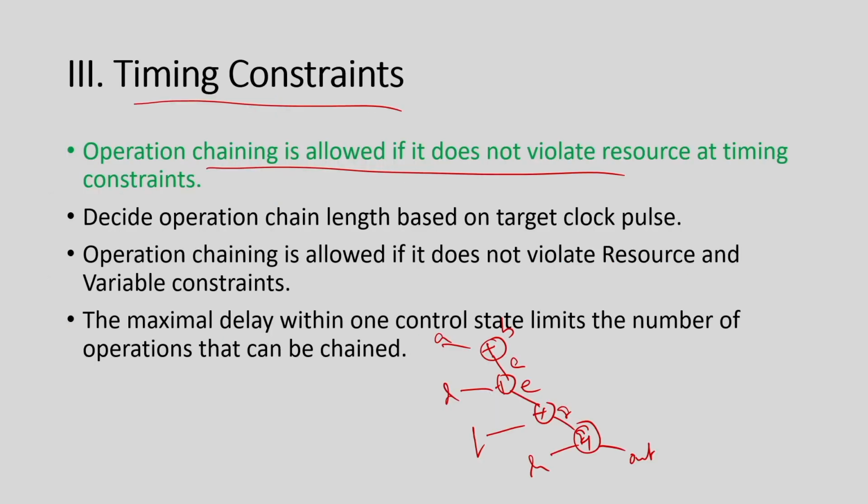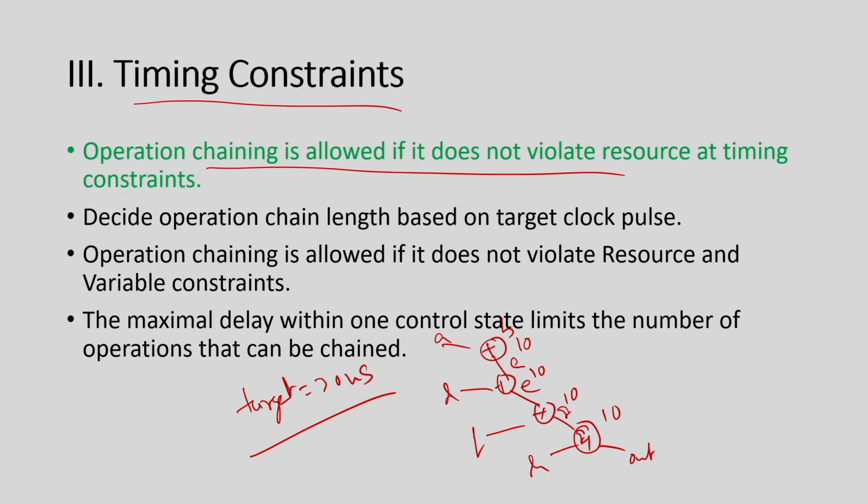Now, assume that every adder takes 10 nanoseconds to execute, and your target clock is 30 nanoseconds. If you chain 4 additions, it will create a path length of 40, but your target is 30. So, your timing constraint is not met here.